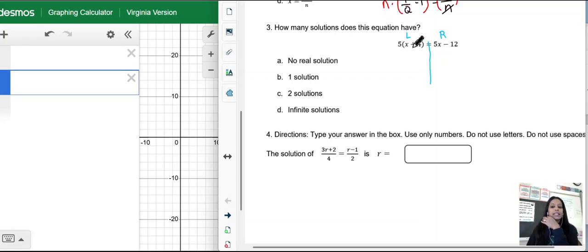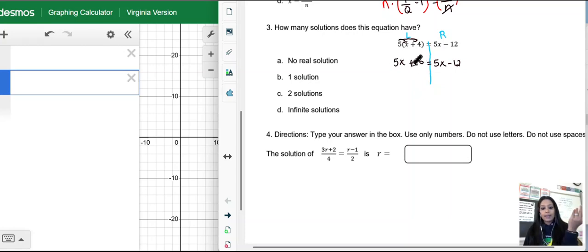So on the left side, when I simplify this, I can go ahead and distribute the 5, okay? So that would be 5 times x, which is 5x, and then 5 times 4, which is 20, equals 5x minus 12, okay?